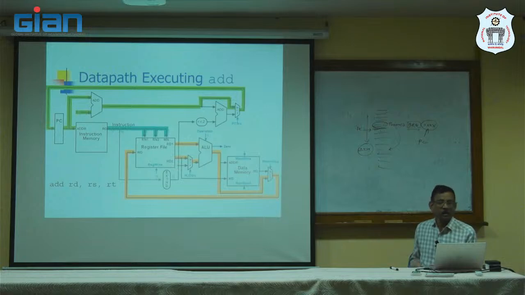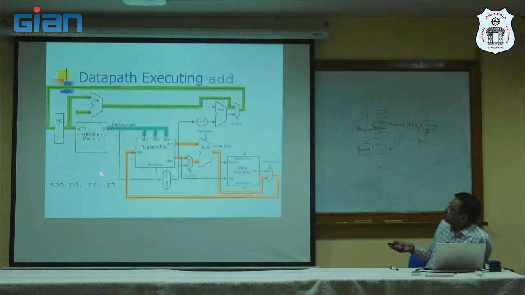Now see, this is the add instruction first. For the add instruction, the program counter should be incremented by 4. The program counter value will be added by 4, bypassing this path. This path is not required for simple addition instructions or R format and I format instructions.